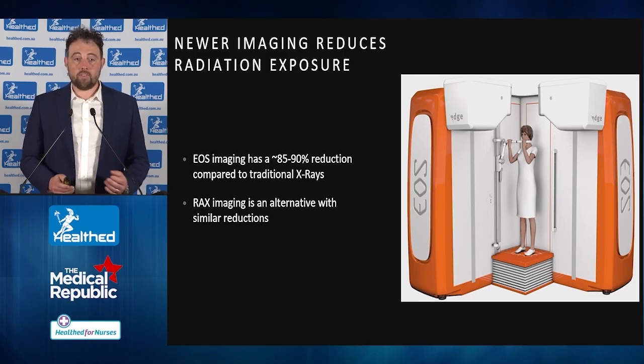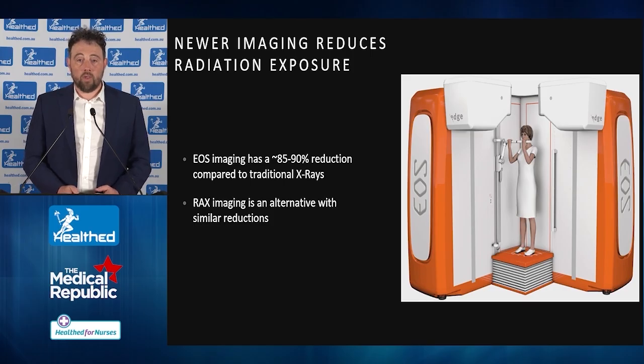There is another version of this technology called RAX imaging, which is an alternative with similar reductions. So I would encourage you, if you feel as though your patient may have scoliosis, to look at the local options for EOS or RAX imaging in your area to reduce the potential radiation exposure from X-rays.